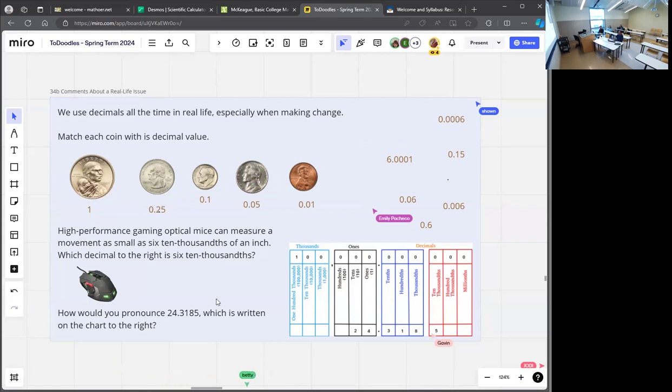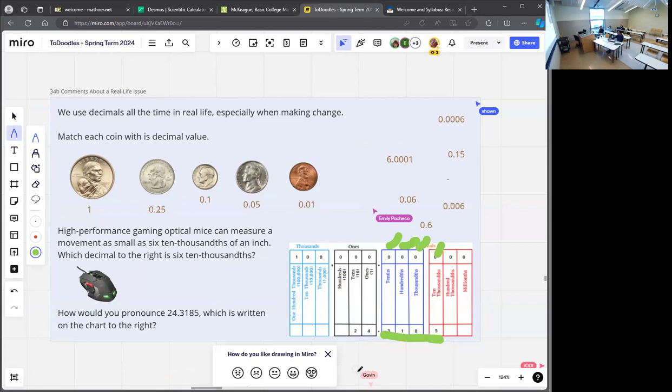The second half of this. A high performance gaming mouse can measure movement as small as 6 10,000ths. So if I'm counting, that would be tenths, hundredths, thousandths, 10,000ths. So this many place values. Which decimal of these brown ones up here has the 4 place values to be 10,000ths?